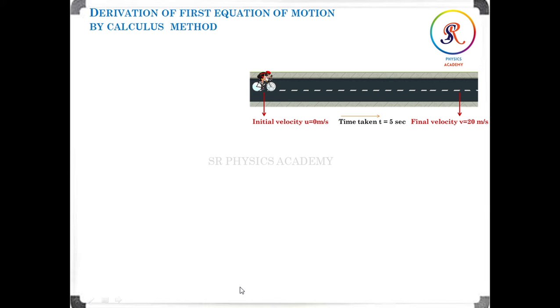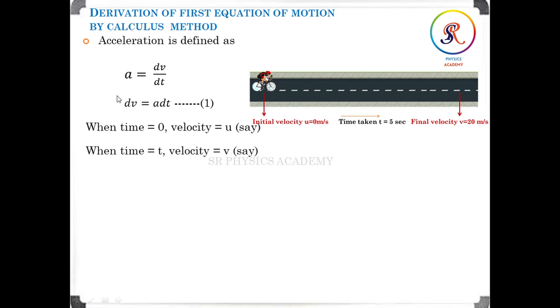Now the same derivation of the first equation of motion by the calculus method. We know acceleration is the rate of change of velocity by time taken, so a equal to dv by dt. Now it's nothing but dv equal to a into dt. This is the first equation we are considering.